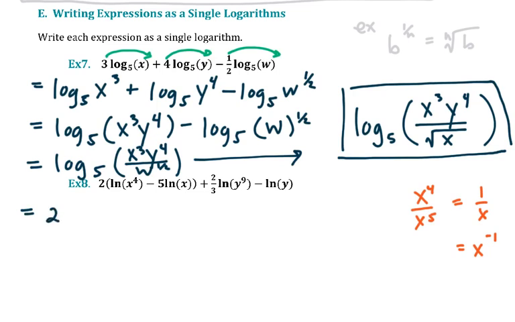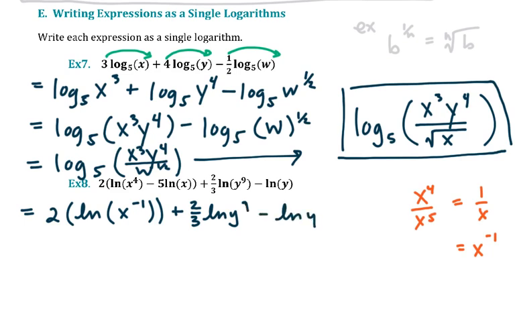So I have 2 times the natural log, and that we said was going to become x to the negative 1, plus the 2/3 ln y to the 9th minus ln of y. So at this point, I've got 2 powers that I can pull up into each exponent.